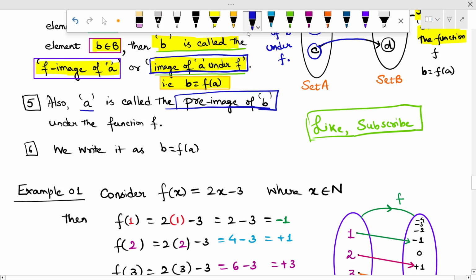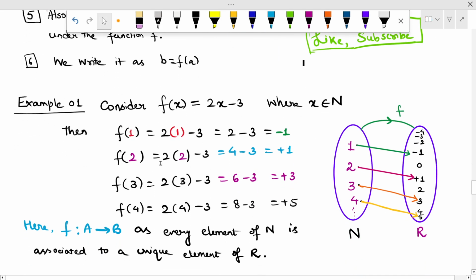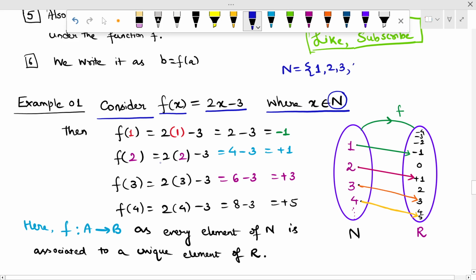Now take some examples, right? Here is the first example. Consider f of x equals 2x minus 3, where x belongs to the set of natural numbers. All of you know natural numbers. This starts from 1, 2, 3, 4, 5, 6, 7, 8 and so on. So x will take values from these.